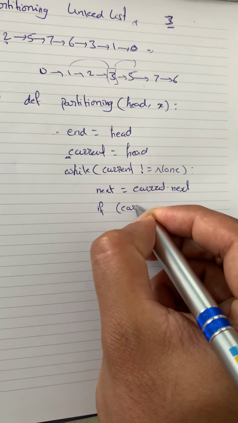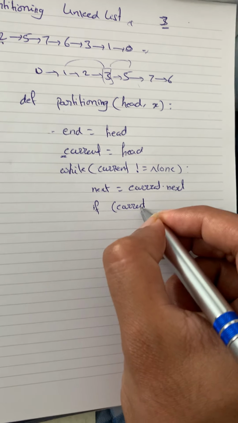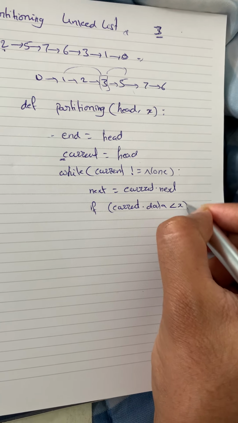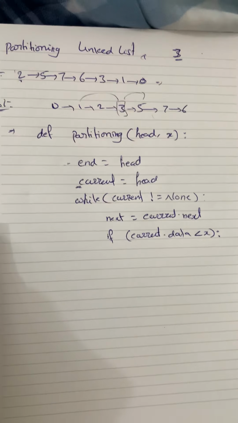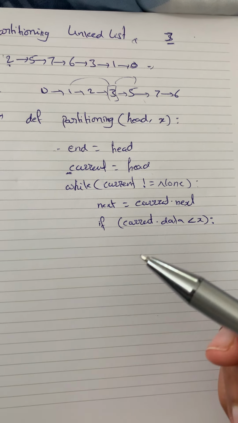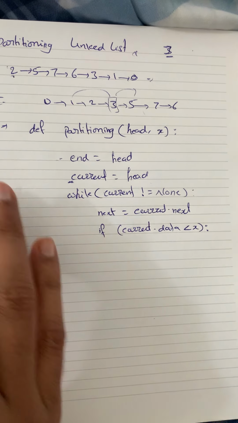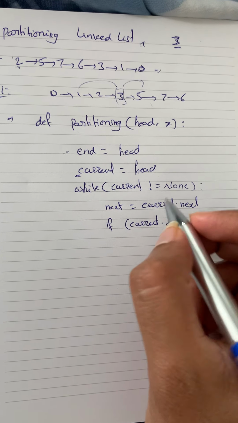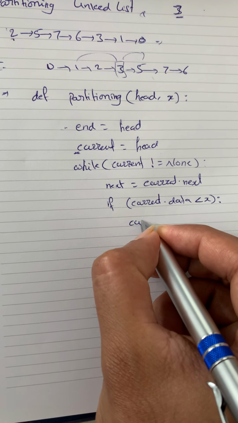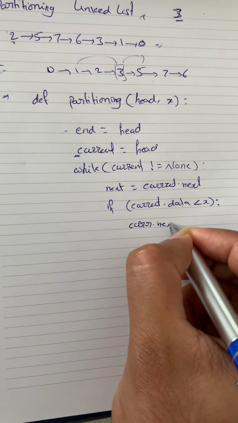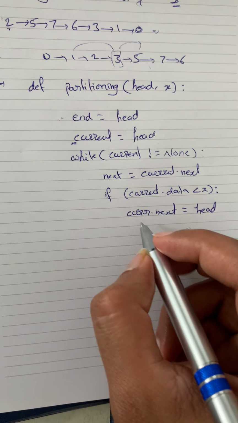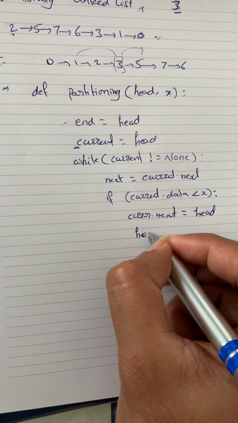If current.data is less than x, if the element is less than x, we just insert the node at the head. We do current.next equal to head, and we make head equal to current.